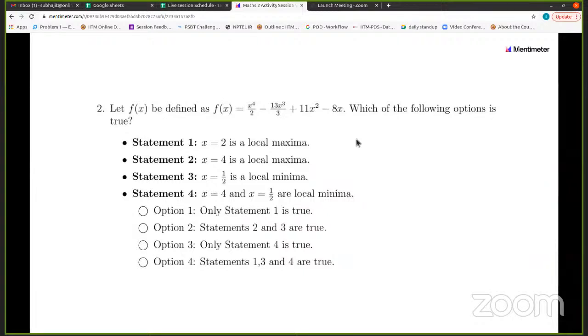First option is only statement 1 is true. Second is 2 and 3 are true. Third is 4 is true. And fourth is 1, 3 and 4 are true. Okay.